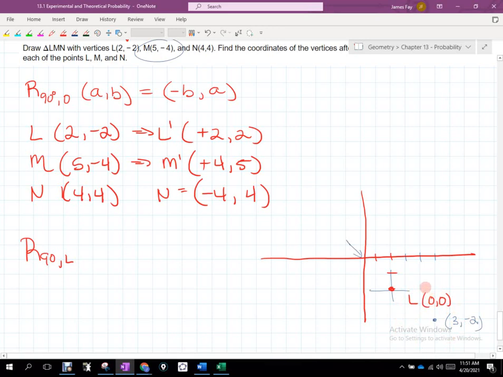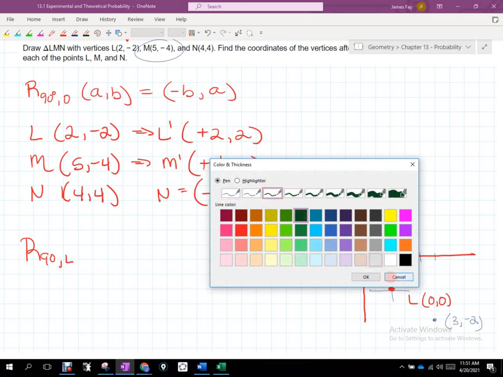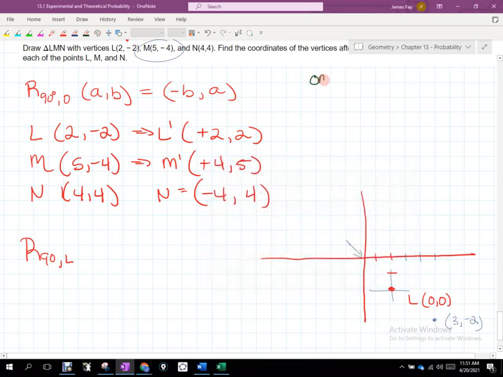Okay, and the way I can find that is I basically take my original point and then minus the point of rotation. My original was 5, -4.